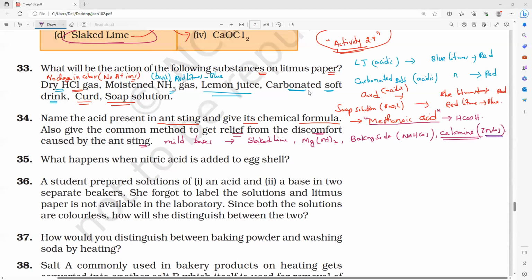Mr. Manikandan, you don't know the sodium hydrogen carbonate formula? What is the sodium hydrogen carbonate formula, guys? NaHCO3, not NaHCO3 thrice.